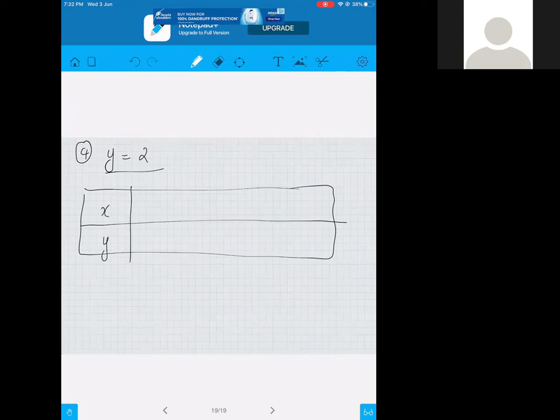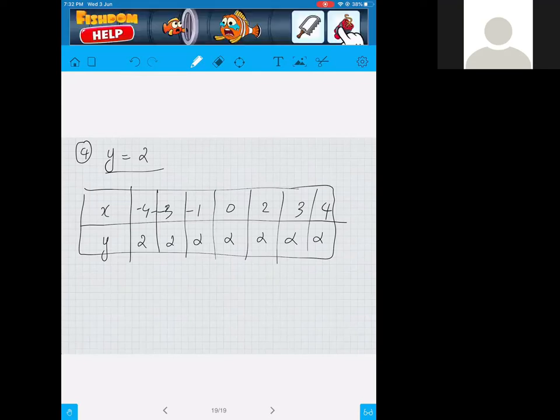So x and y. Whatever be the value of x: 0, 2, 3, 4, -1, -3, -4, y remains the same. Then draw the graph for this and let me know after drawing this. You try to do it yourself, and after that I will do it.